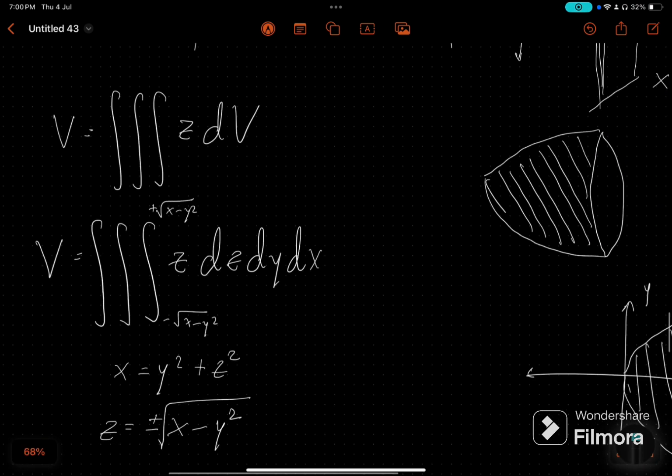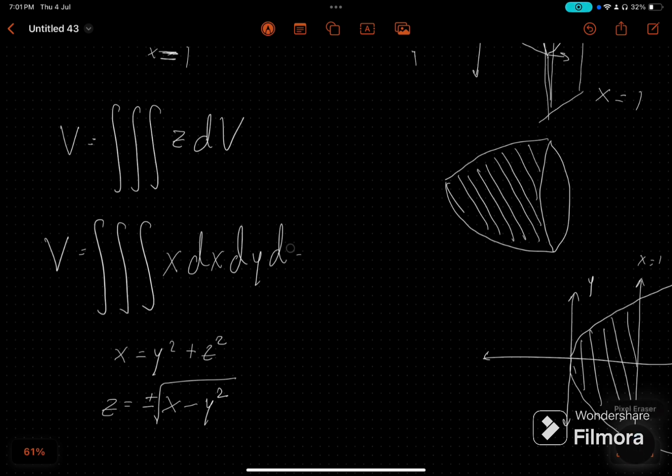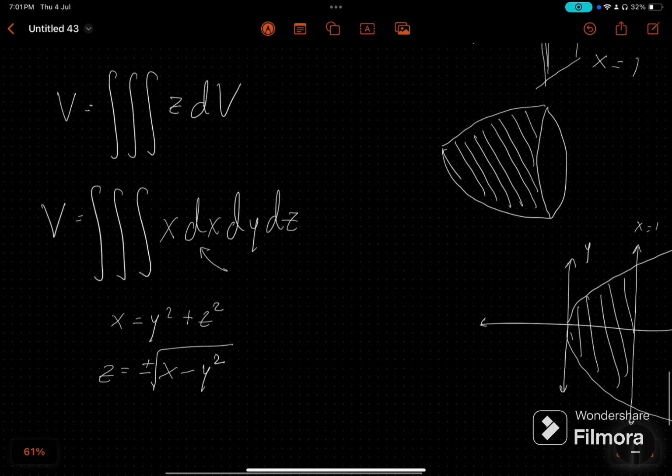And now, in order to integrate, we start with our function, the inner integral. We're not going to start with z, but with x. So dx, dy, dz, or dz dy, doesn't matter. What matters is that we start with the function that's written.